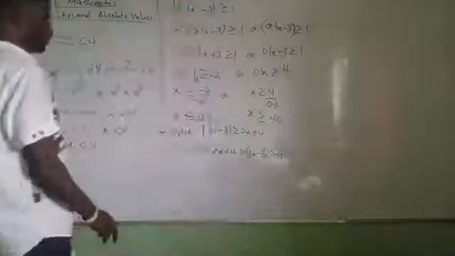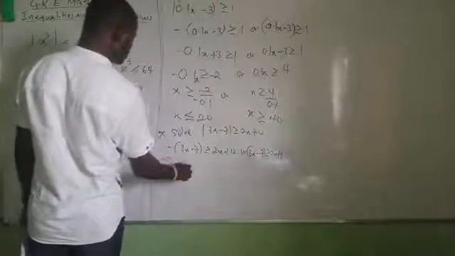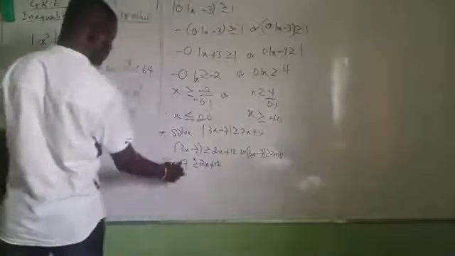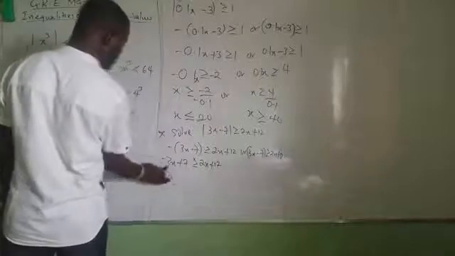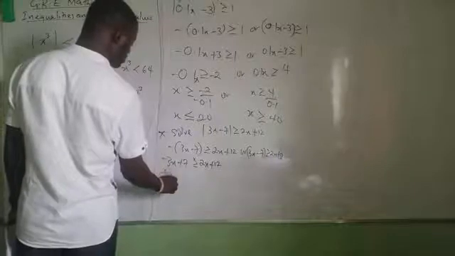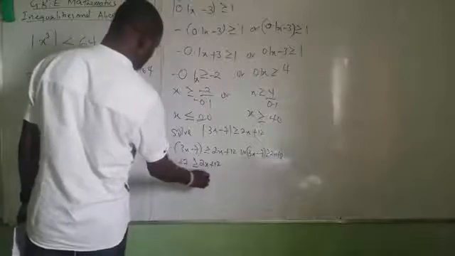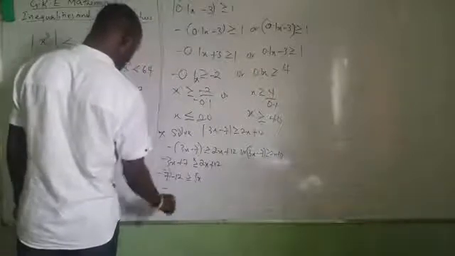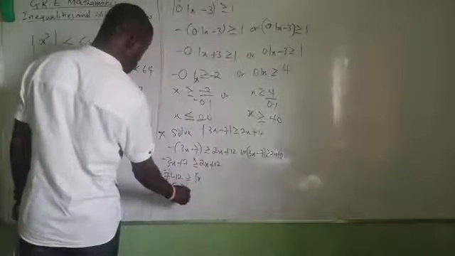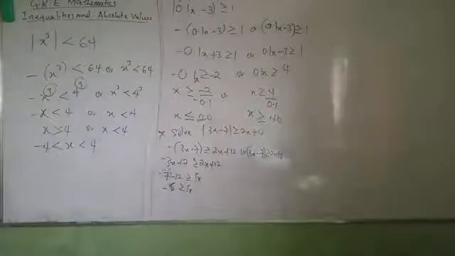The same way, I will have minus 3x minus 2x, and 7 minus 12 greater than or equal to 5x, which gives minus 5.